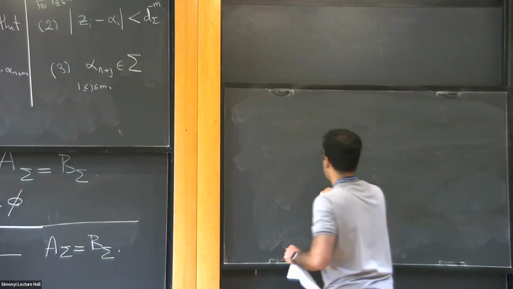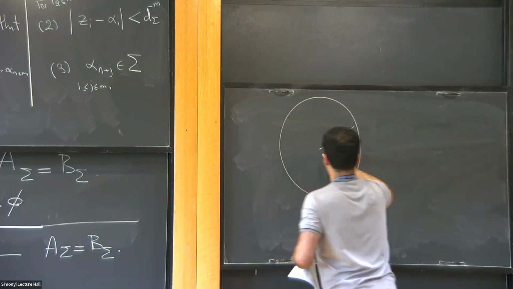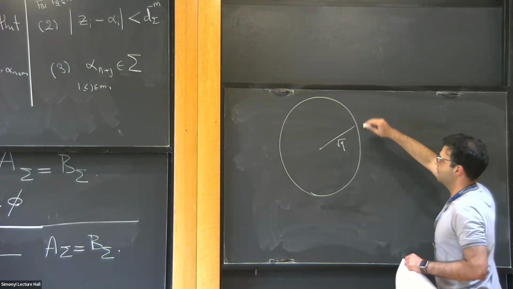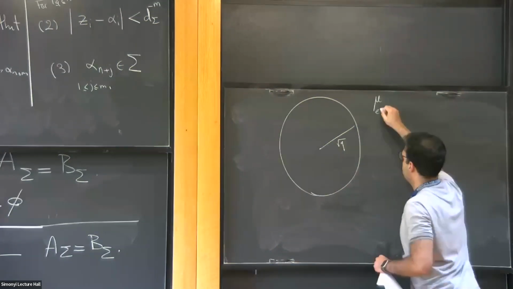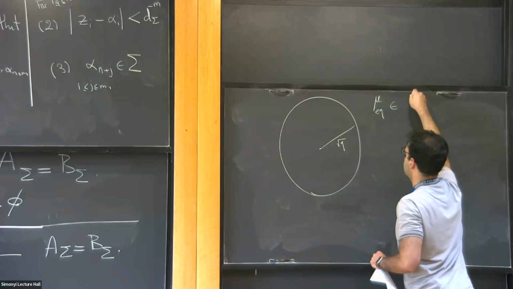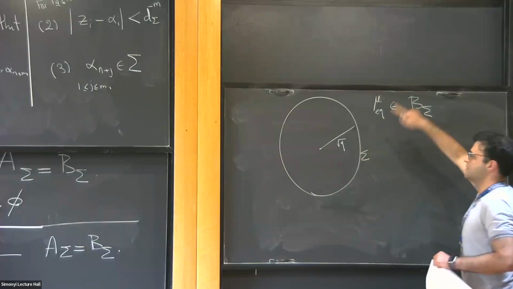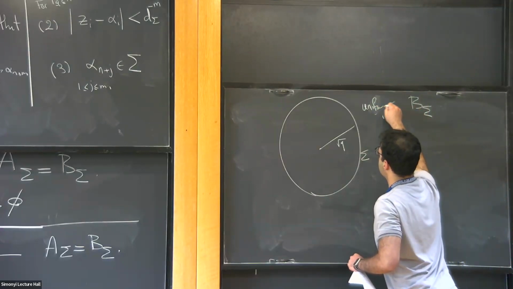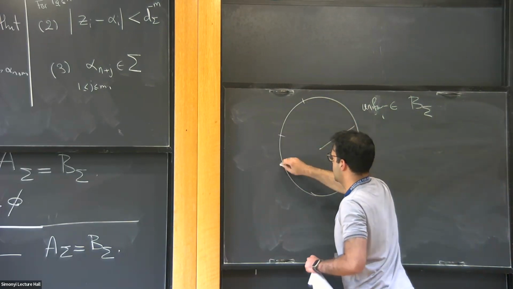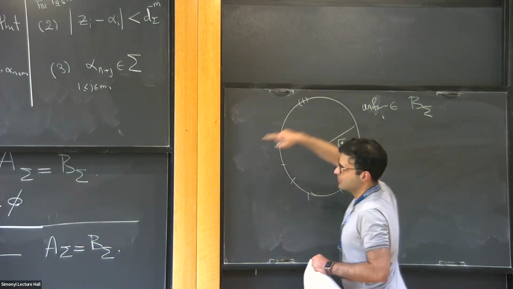So let's say we have a circle of radius square root q, and we start with the equilibrium measure, the uniform measure, which belongs to this B sigma. Then you sample n points.